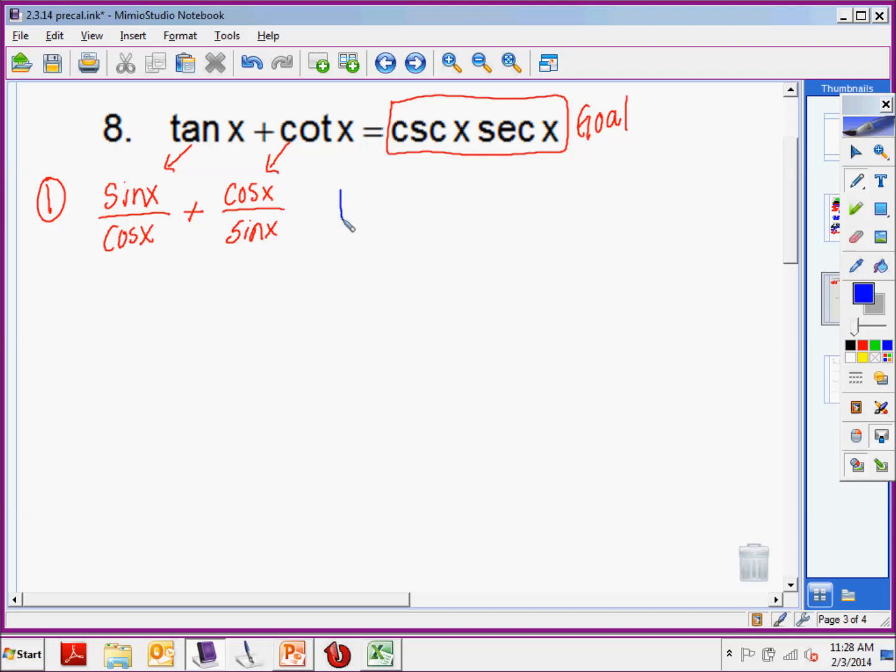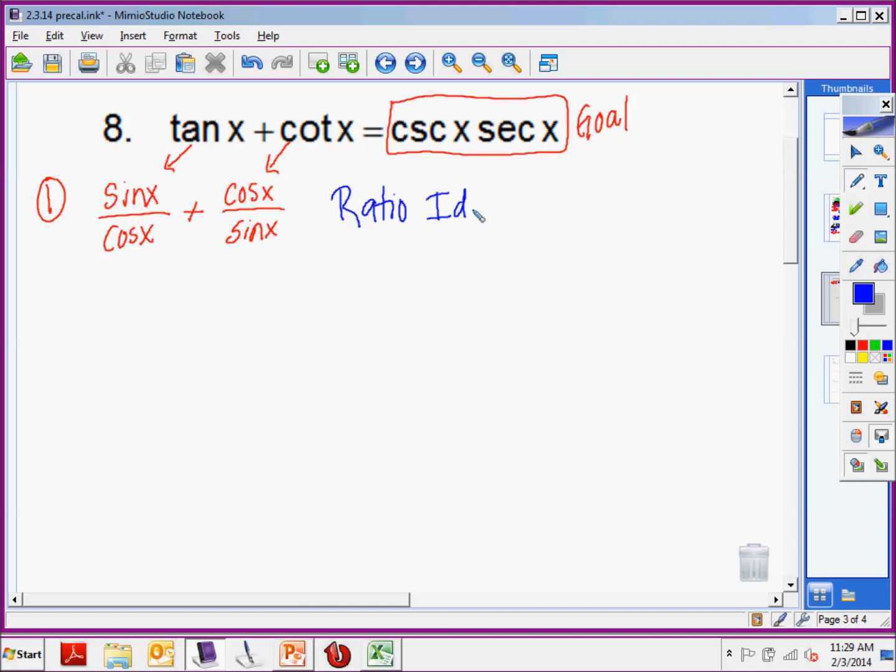So my identity here that I use is the ratio identity. Tan x is sine x over cosine x. Cotangent x is cosine over sine x. That's all it did. That's your ratio identity. It's on your paper, on pages 10 and 11.